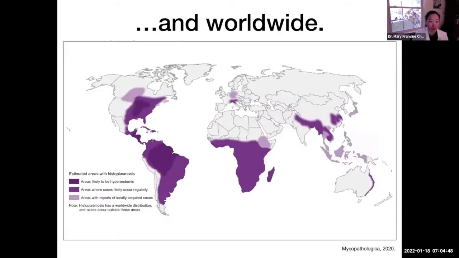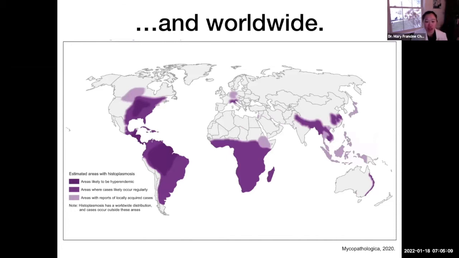So worldwide, as you can see, those that are shaded very dark purple are those where they are hyperendemic, and in the light purple areas are those with reports of locally acquired cases.